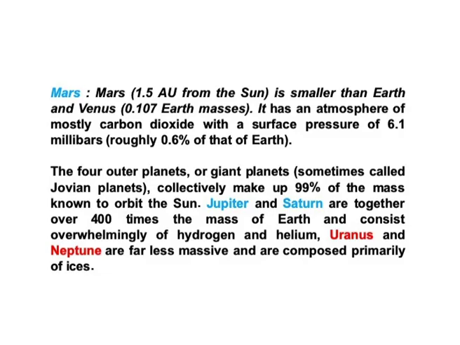Jupiter and Saturn are together over 400 times the mass of Earth, and consist overwhelmingly of hydrogen and helium. Uranus and Neptune, the remaining two, are far less massive and are composed primarily of ice material.